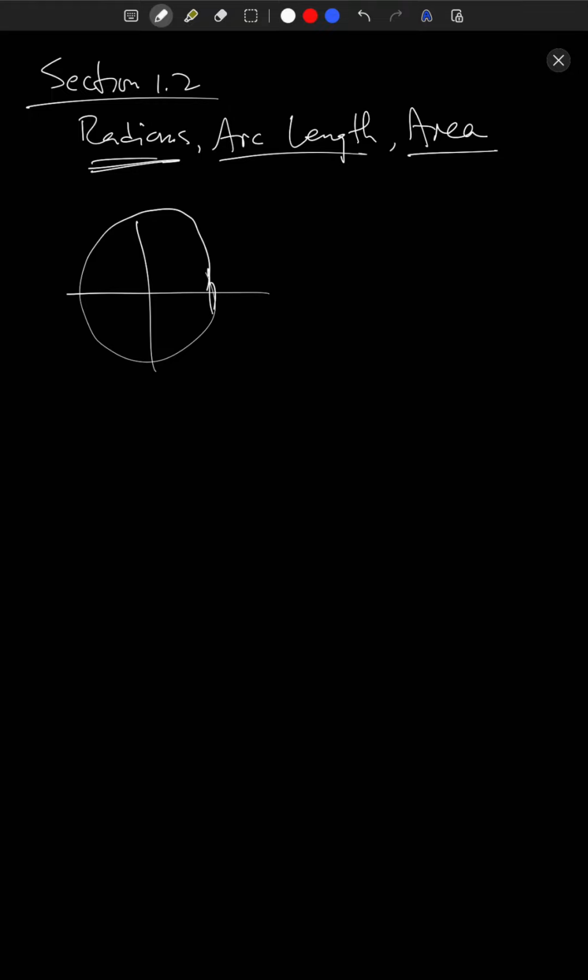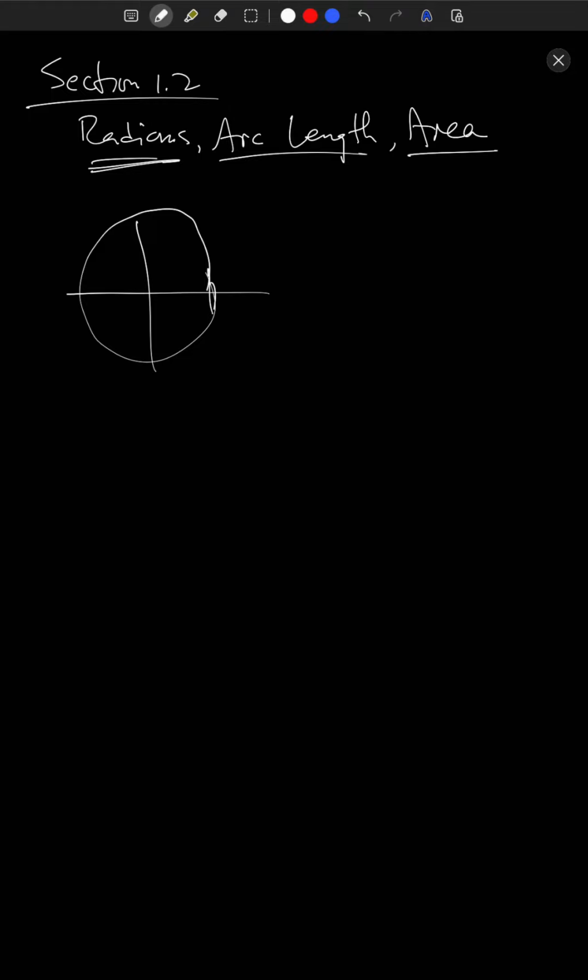Just as easily, we could have had a full circle be 720 degrees, which would be even more divisible than 360. Or we could have said a circle should be 100 degrees, or 59 degrees, or 47 degrees, or 1026 degrees. All of these, in a way, are equally as good as having 360 degrees in a circle.